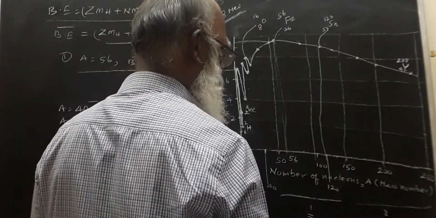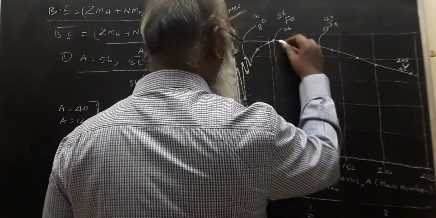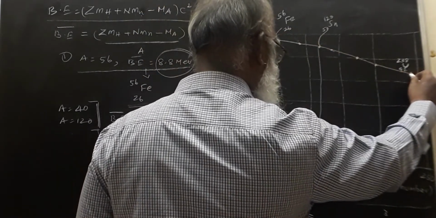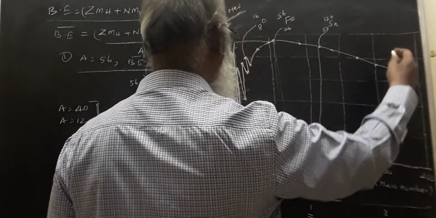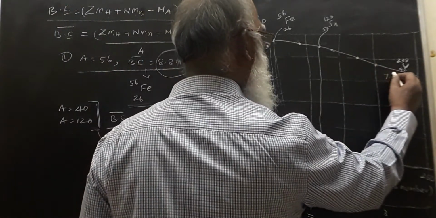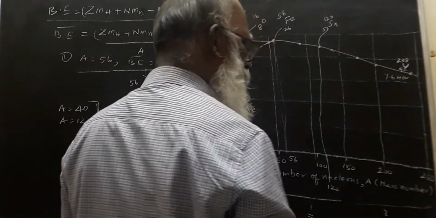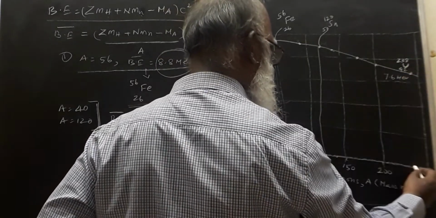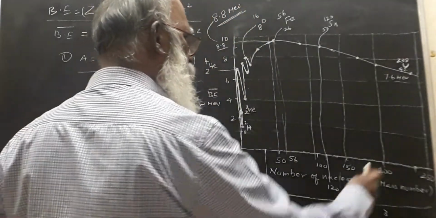Furthermore, if you increase the atomic mass number, the binding energy slowly decreases until nearly 7.6 million electron volt. 7.6 million electron volt for uranium, the heaviest nucleus. The atomic mass number is heavy, nearly about 238.